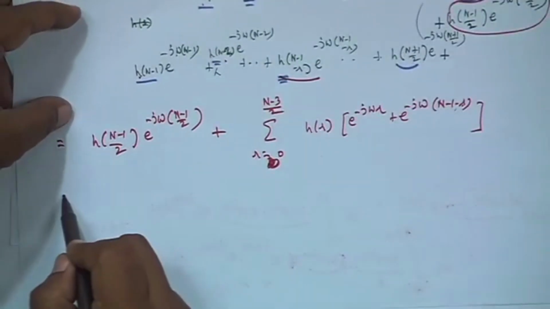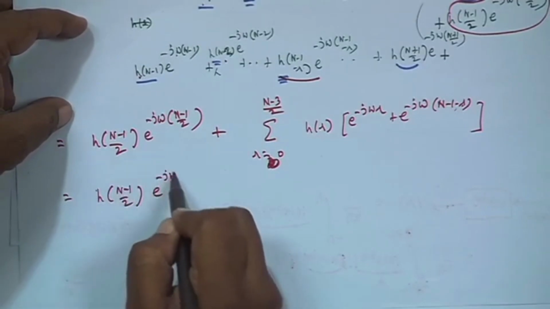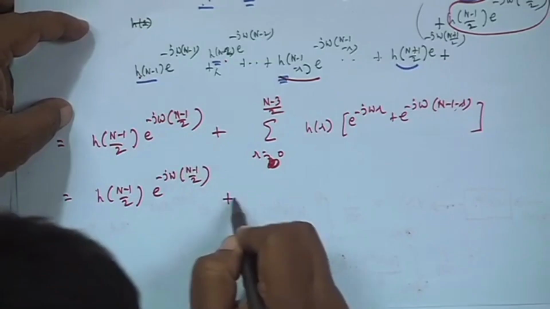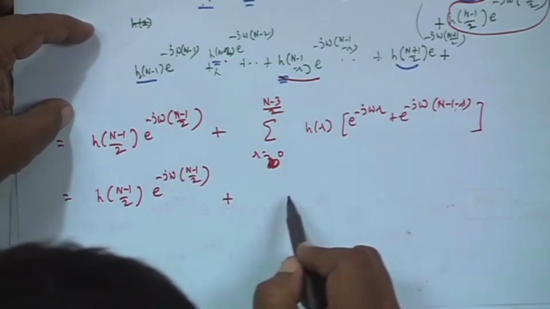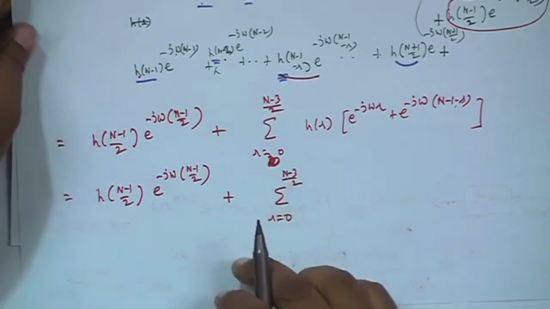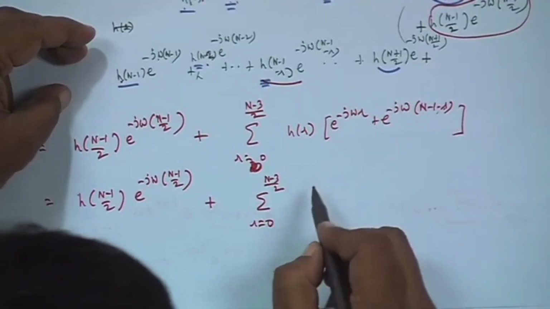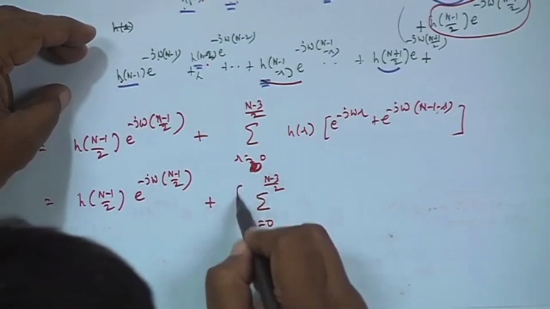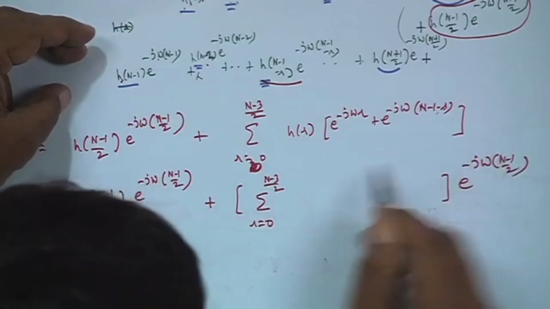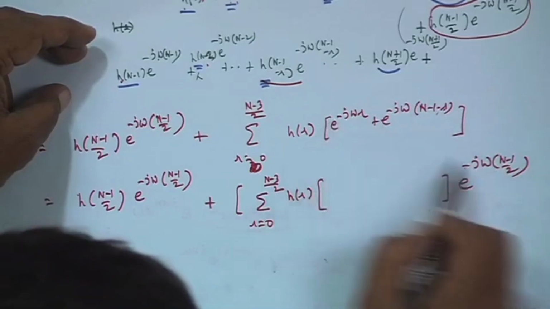Now, I will do some simple manipulations. If I take this thing common, e to the power minus j omega times n minus 1 by 2, this factor, out, with h r, so e to the power minus this taken out, I have to add e to the power plus j omega times n minus 1 by 2 here.